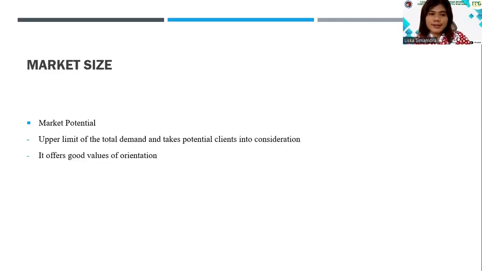And then market size, market potential. Market size has two parts: market volume and market potential. Market potential is the upper limit of the total demand and takes potential clients into consideration.